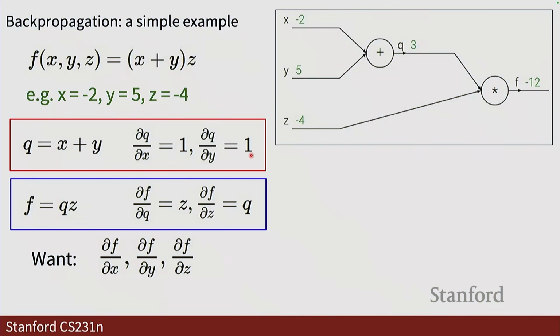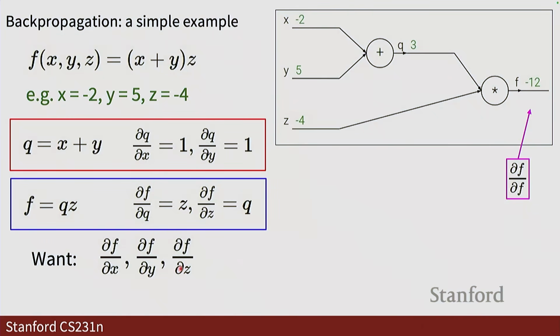What we need to complete this example of backpropagation is the partial derivative of f with respect to x, y, and z. Backpropagation implements this by starting at the end of the network and going back, propagating all of the gradients, in what is basically a recursive process.